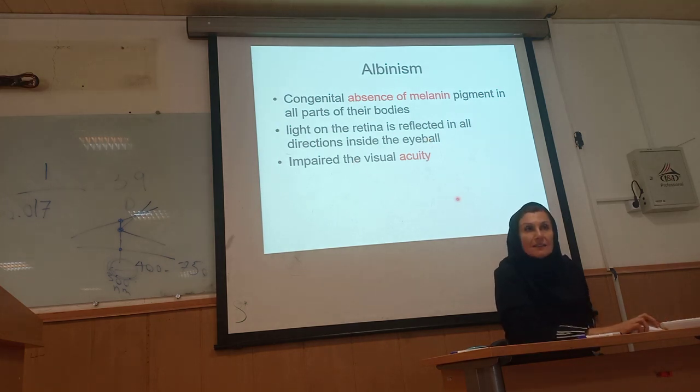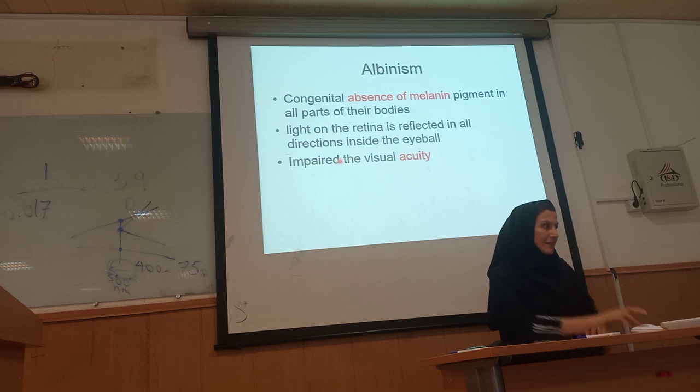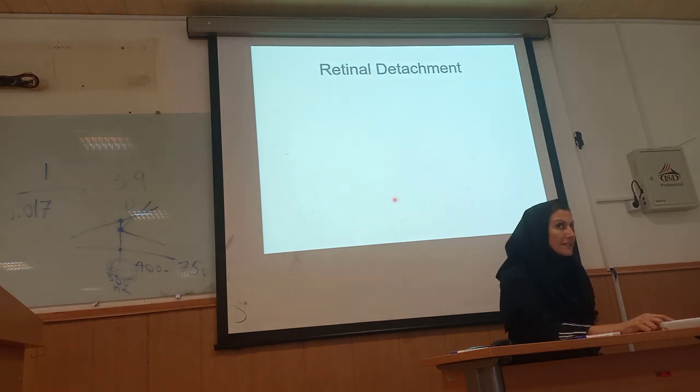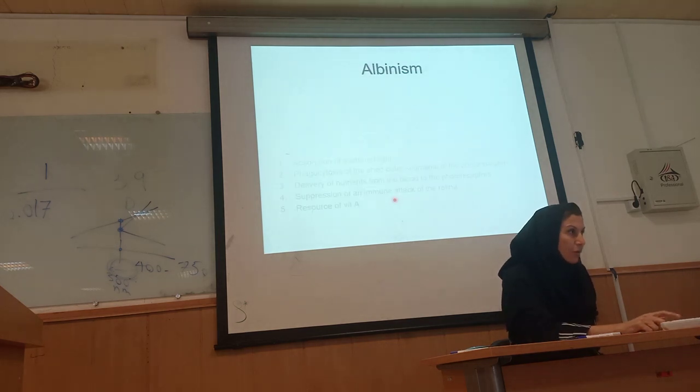When light reaches the retina, it is reflected in all directions inside the eyeball. So it impairs the visual acuity a lot. Okay? So, this is very important.